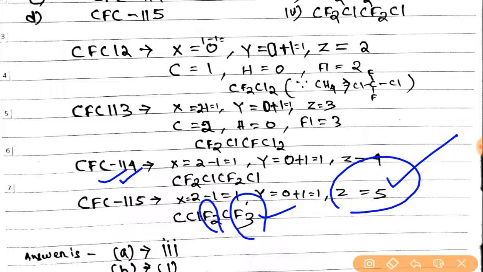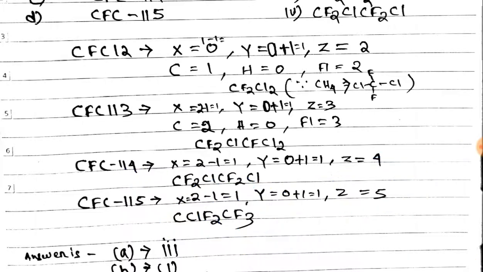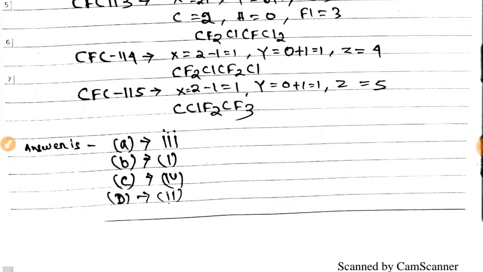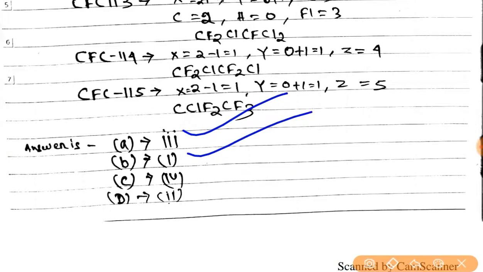We have 2 carbons, no hydrogen, and the remaining is 1 chlorine atom. So our right answer will be A equal to third number, B 1, C 4, and D second. With this we have understood one important question from NTA UGC NET Environmental Science. Thank you a lot.